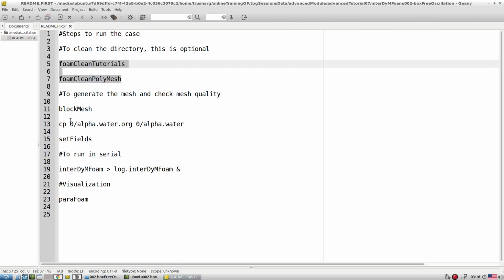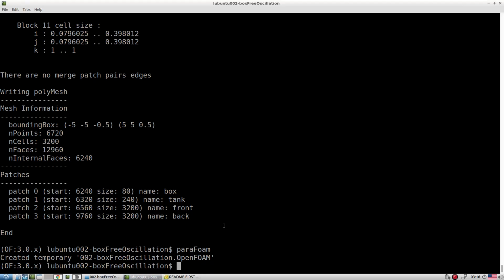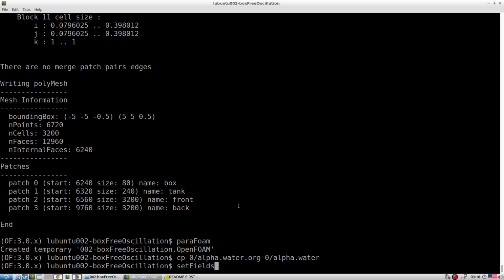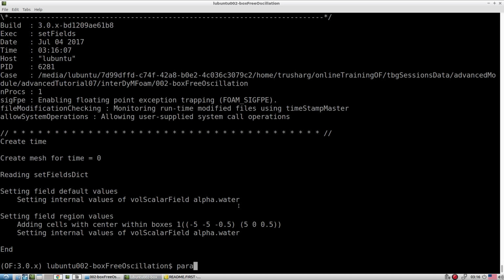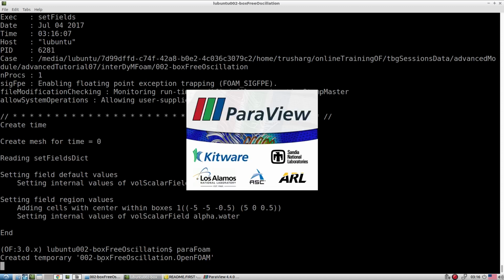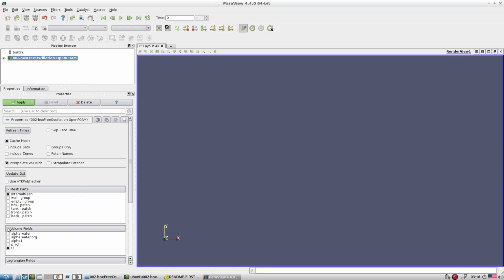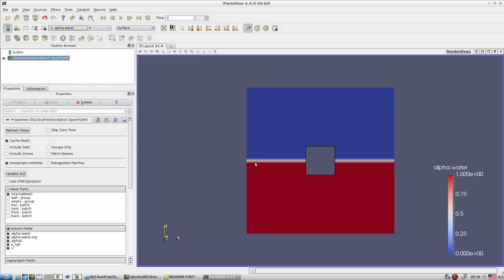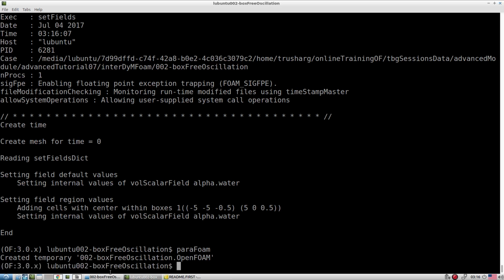So let's first clean our alpha file, and then run setFields. When we run setFields, we now have alpha for water in a specified area, so we fill half of the enclosure with water and half with air, and now we specify the movement of this particular object.